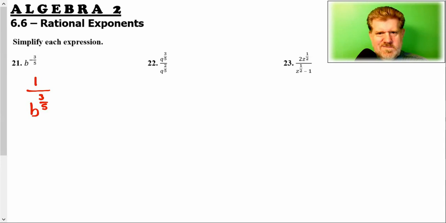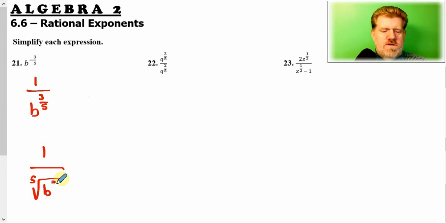Now, I actually don't like this problem very much at all, because remember that one rule for simplification is you cannot have a radical in the denominator, and technically, isn't this a disguised radical? Isn't this really the 5th root of b cubed? So we're not allowed to have that.